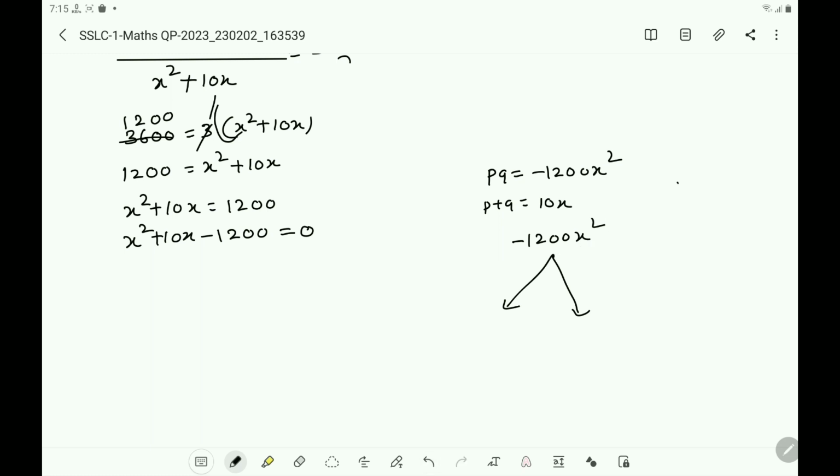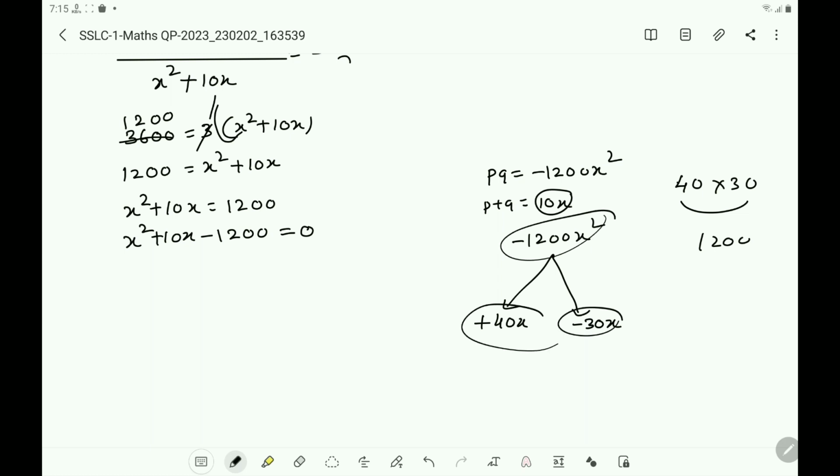So if you split it, you know that 40 into 30 is 1200, and here the negative sign is there, and the greater factor is having plus. So you can write it as plus 40x minus 30x. 40 minus 30 becomes 10, and the product of these two becomes this one.